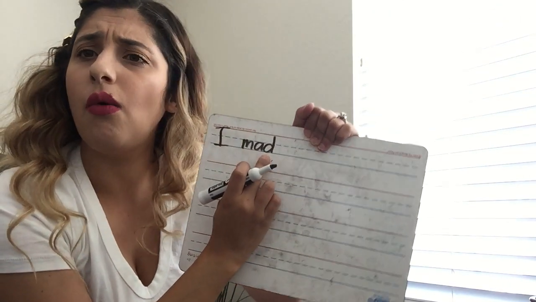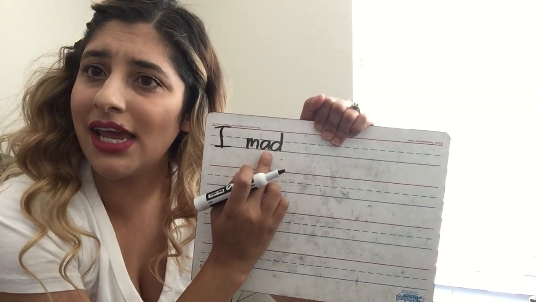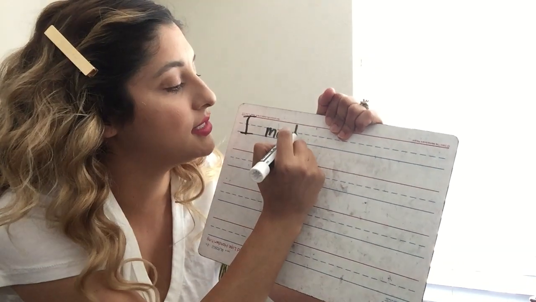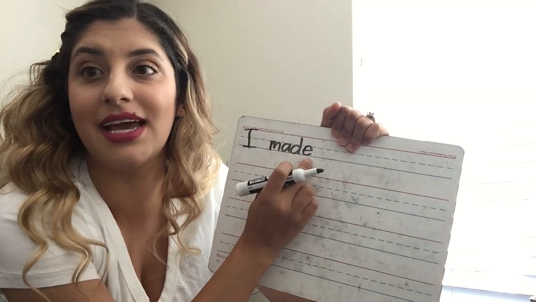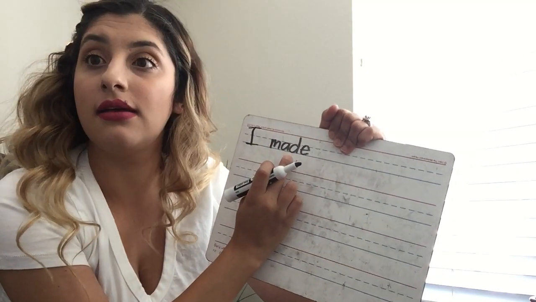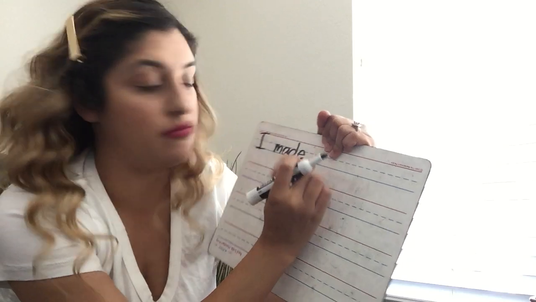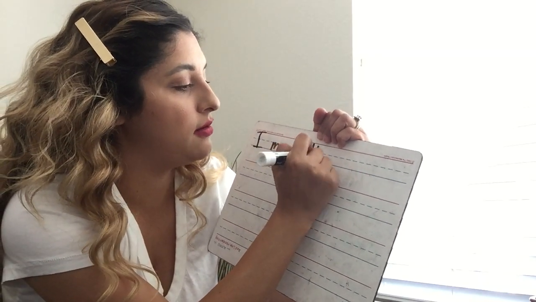Made. Why is that A saying its name? Because there's a sneaky E here. Made, that E is silent. I made 10. I'm just going to write the number 10. Period. Then I counted up. That's a digraph.